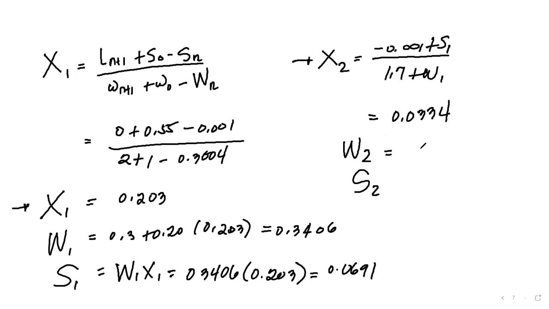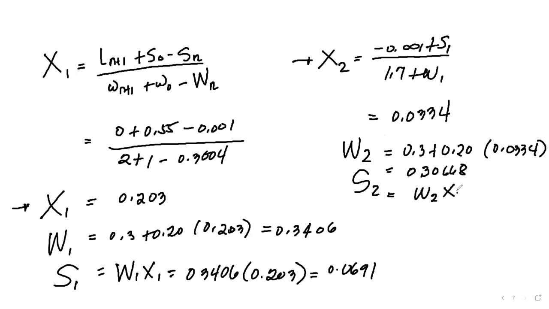Now, W sub 2 is 0.3 plus 0.2 times, of course, this one, the X sub 2. This gives you a value of 0.30668. For the S2, you have W2X2.